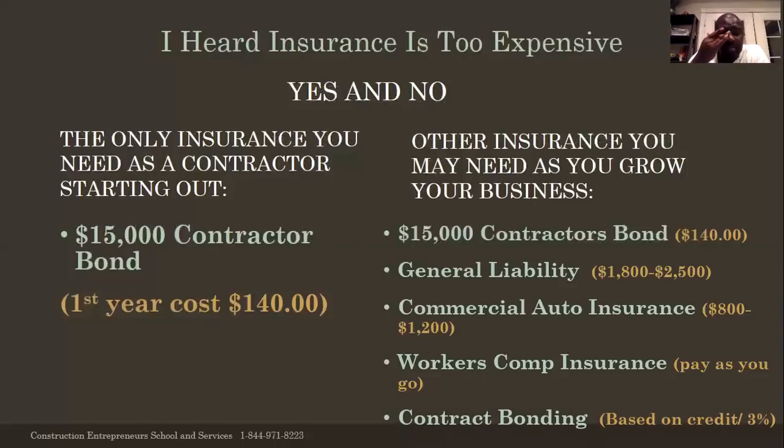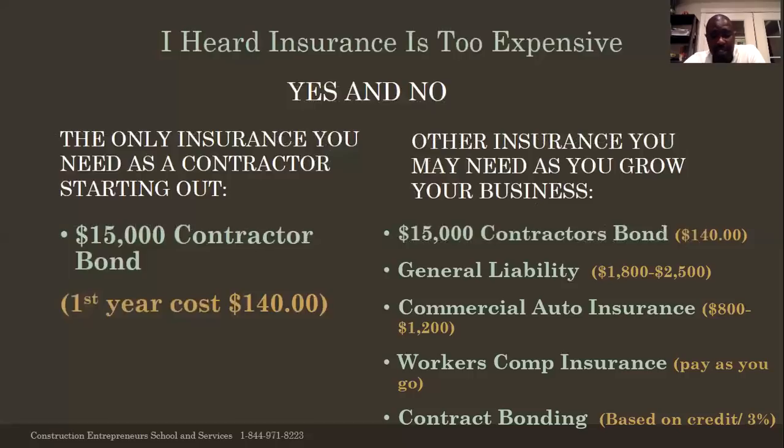Next is contractor bonding. That's the last one here. Contractor bonding only comes into play when a general contractor requires it, or a large entity where you're working for the city or the state. They require you to have contract bonding, and usually it's based on your credit, and it's usually 3% of the contract cost. That's how much you'll pay for the contract bonding.